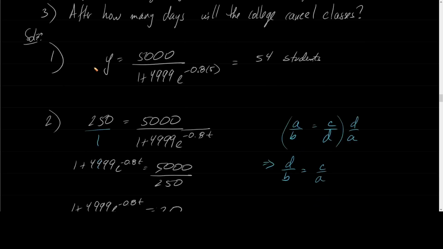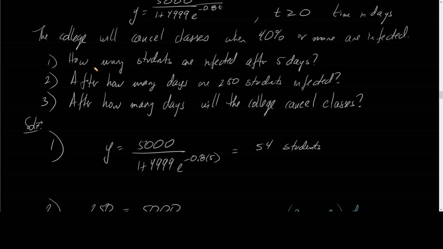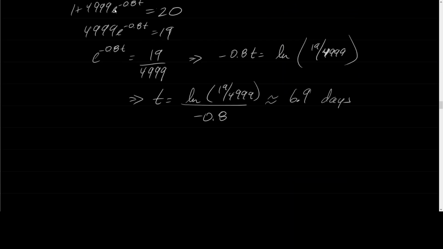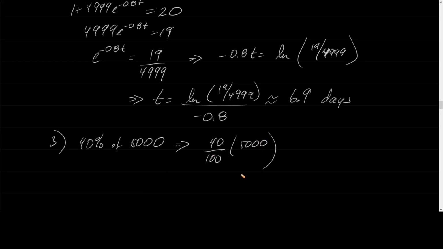After how many days will the college cancel classes? Well, we already know that it would take 40% of the students being infected for the college to cancel classes. So for part 3, we need 40% of 5,000 students to be infected. 40% of 5,000, mathematically speaking, just means 40 over 100 times 5,000.